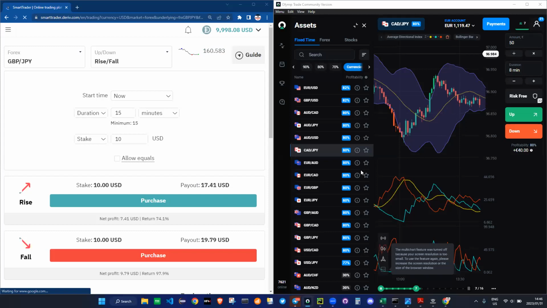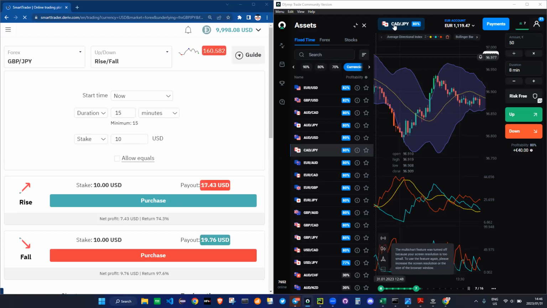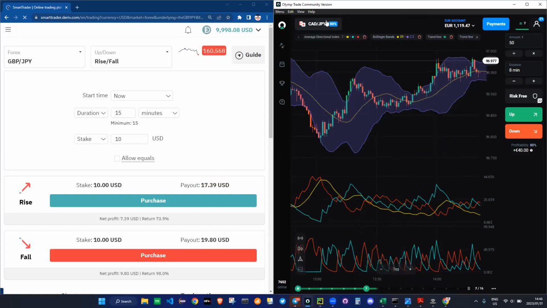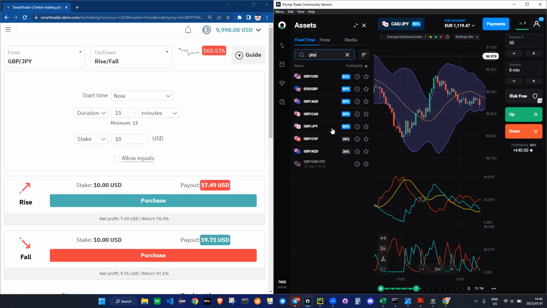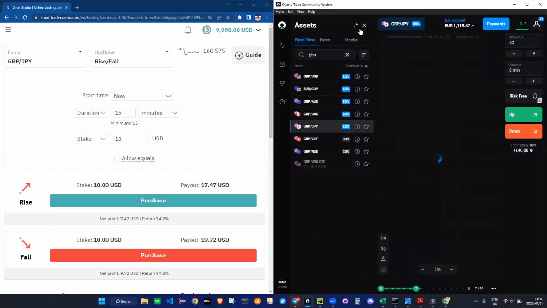Yes, I do. Okay, now look here. GBP JPY has a 97% payout on the fall, and on the rise it's only paying 75%. Let's look at GBP JPY on Olim Trade and see how it looks. Why is it paying different payouts?